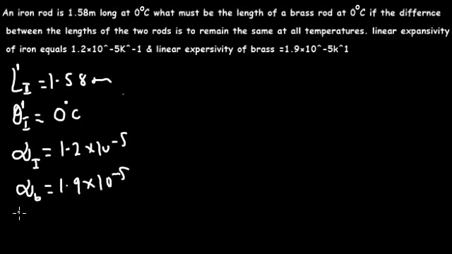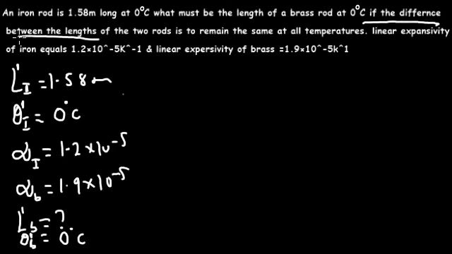Now the goal is to determine L1 of brass, where theta 1 of brass is equal to 0 degrees Celsius as well. But there's one very important aspect we need to pay attention to, and that is that the difference between the length of the two rods is to remain the same at all temperature. Can you digest this and figure out what it means in essence?